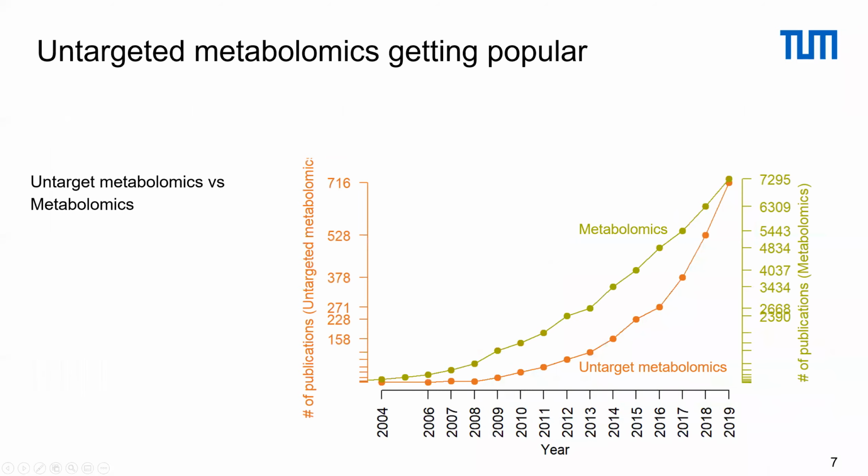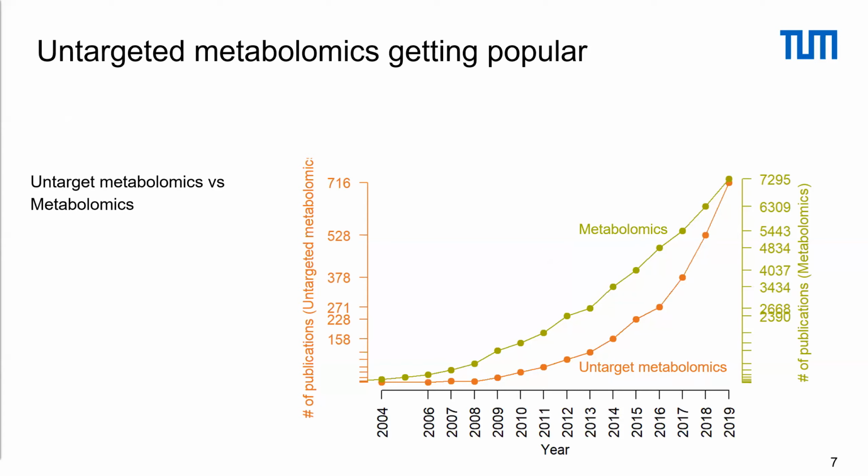Actually, more interestingly, if you search the term metabolomics, the total number of publications is much bigger, but if you look at the trend, the increase is not as steep as for untargeted metabolomics. So untargeted is really a hot area in the field.